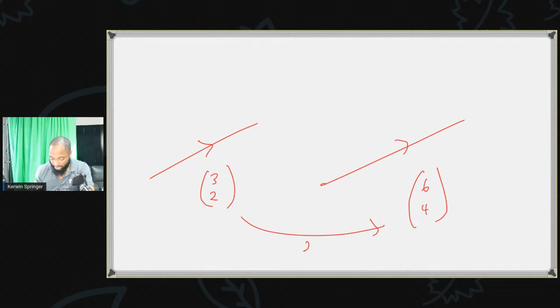Let me just talk about that because I think some people have the wrong idea. If two lines are parallel, as we just proved, they'll be related by a scalar factor. Let me say that this one was (3, 2), then this one maybe is (6, 4). So you see it's related by a scalar factor of 2. Most of the time in CXC, they make the scalar factor a little confusing to see.